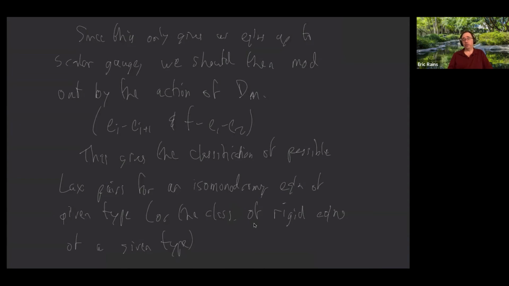Now, for the first thing, you might as well take D to be in the fundamental chamber. Although, it's worth noting that you can take it to be in the fundamental chamber, and that'll give you a lax pair for every possible isomonodromy equation in your family. On the other hand, if you want to allow slightly more complicated lax pairs, you could allow something not in the fundamental chamber.